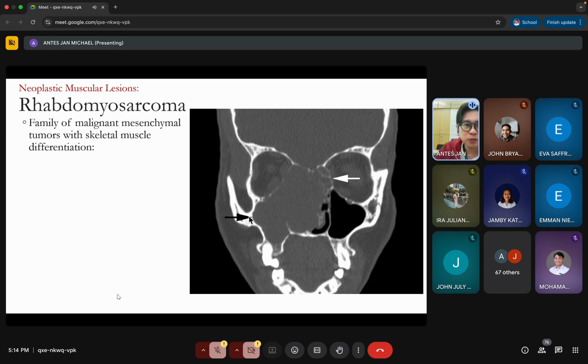Rhabdomyosarcoma has lots of subtypes, and for the past, I think, 50 years, the subtypes and the classifications have evolved throughout time because of the varying IHC markers that are seen. The morphology is quite different, and its prognosis is also different.